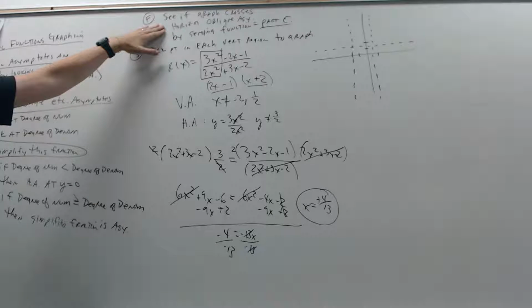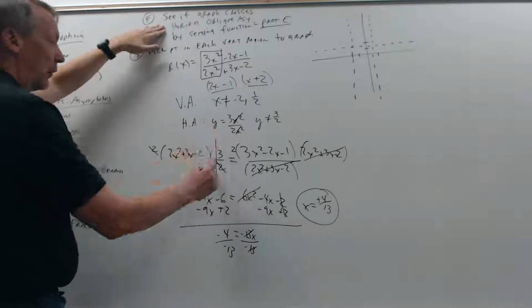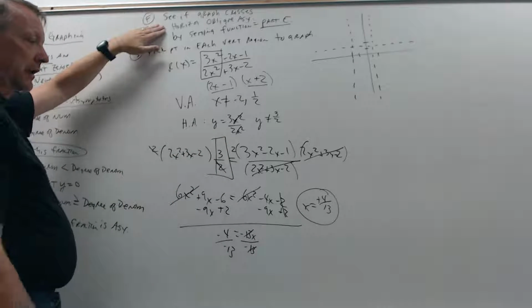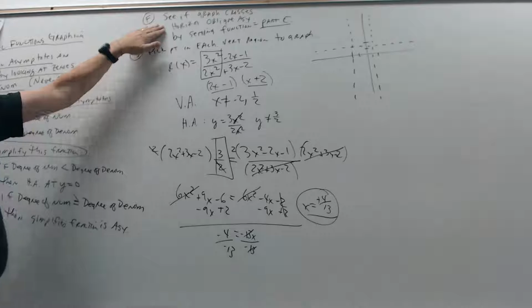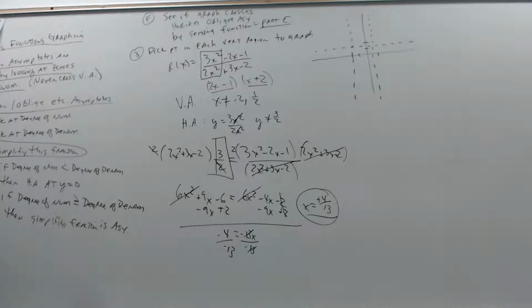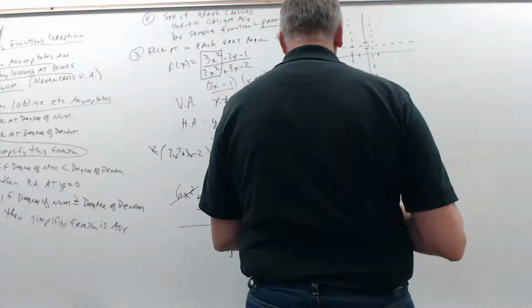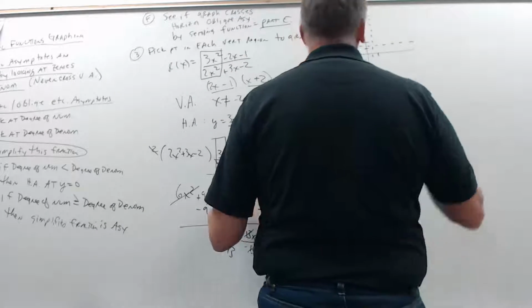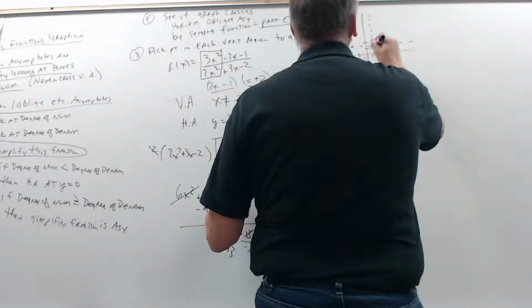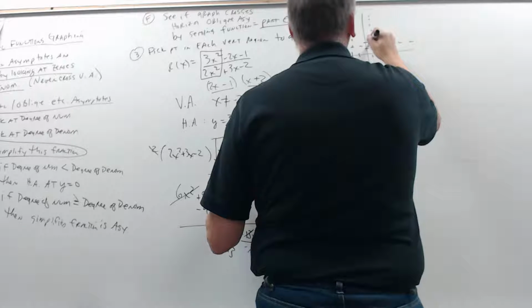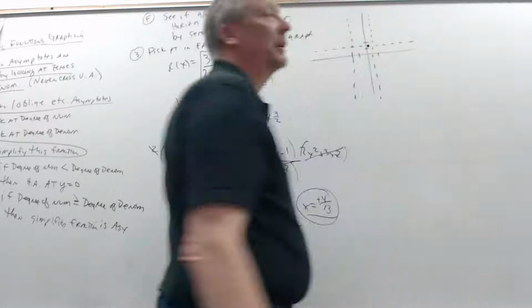So it's going to cross this asymptote, y equals 3/2, at x equals 4/13. That's the point it crosses at. That's about 1/4 and 3/2, about right there. So that one actually crosses.